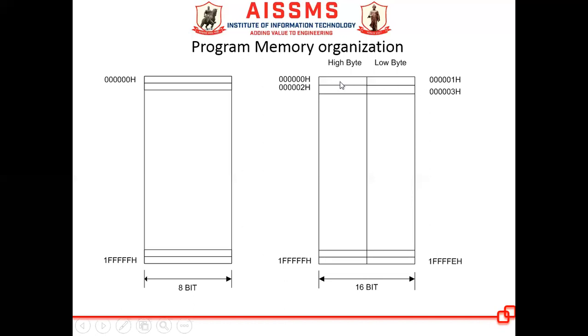And the program counter, which is a 21-bit register, is used to access the contents of program memory. The program counter will get incremented by 2, or it will get incremented by 4, because two memory locations are required to hold one instruction, or in some cases, four memory locations are required. So this is how the program memory is organized.